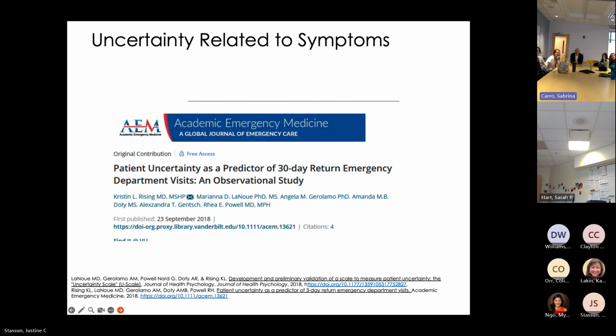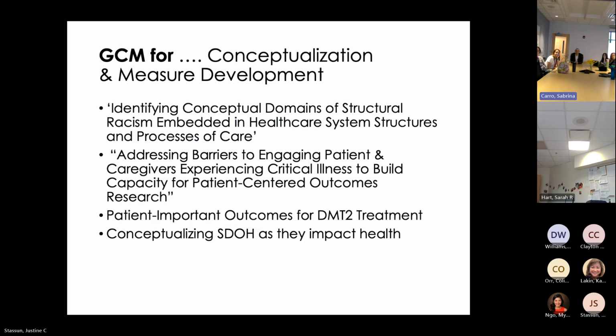So, all right, that was the uncertainty project, and that shows the processes of conceptualization and the structural or organizational piece specific for measure development. But I want to point out that many phenomena are very difficult to think about or conceive of.